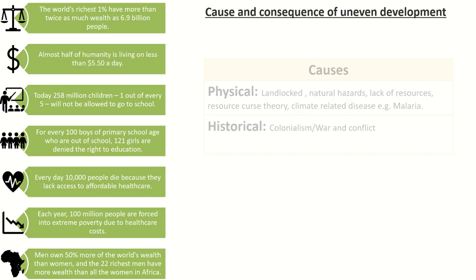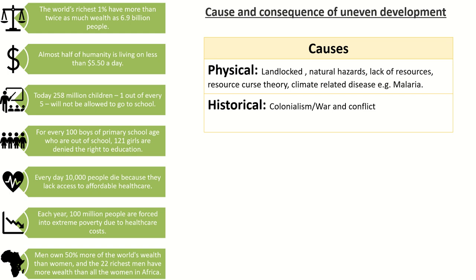Okay? If we've got a lack of resources or the resource curse theory, these are all things that mean this country could have this uneven development. But it's not just physical causes, there's also historical or political ones, things like colonialism. The fact that the British Empire, in particular, took control of 25% of the land surface of the earth and exploited some of these countries economically.